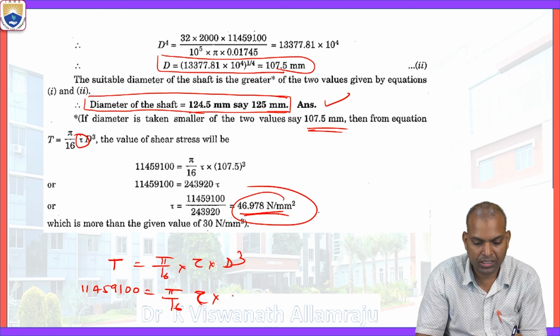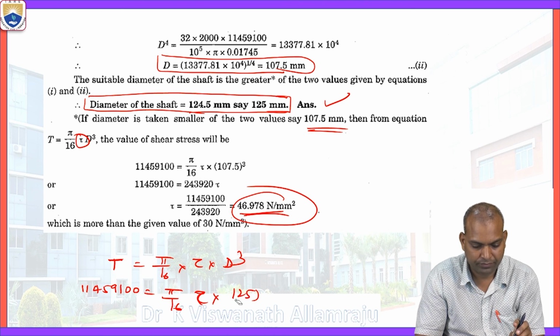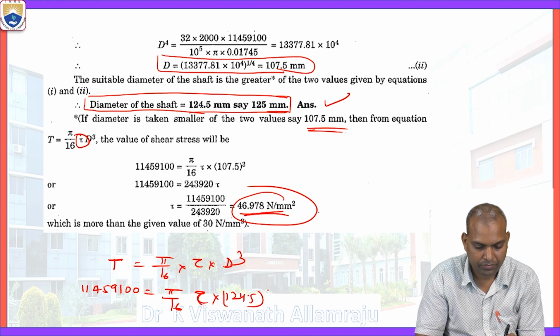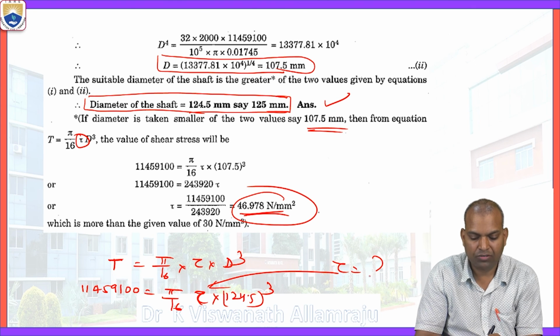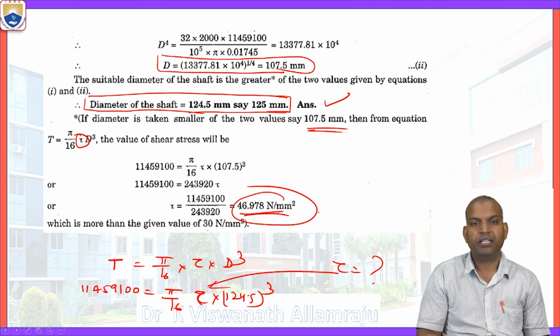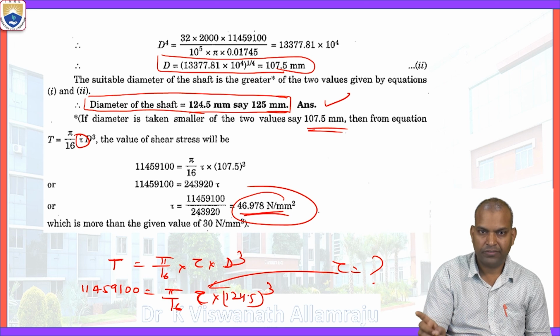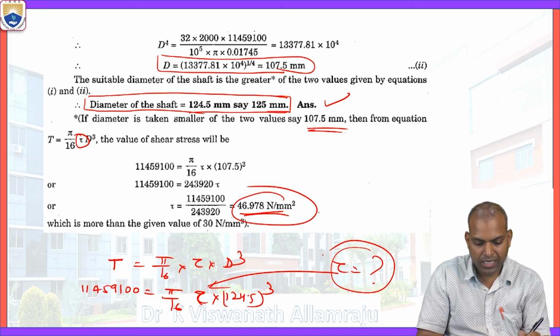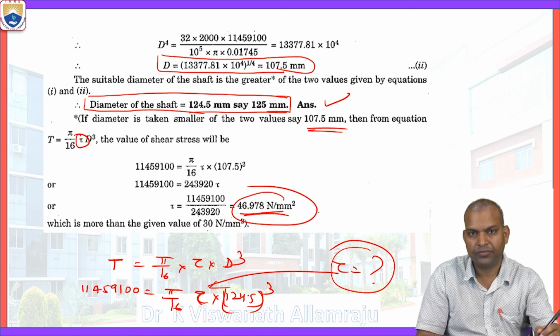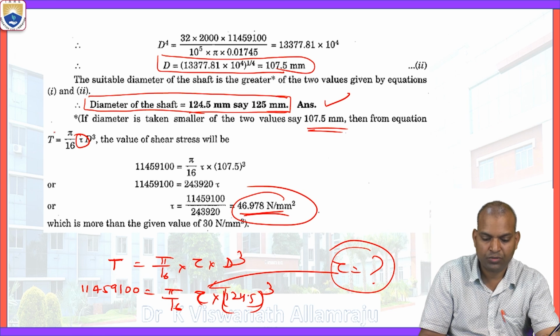What is the D value here? The D value we consider as 124.5. Now the shear stress, if you calculate this value, will definitely reach the given value, that is 13 Newton per square millimeter. So that's why the diameter of the shaft is considered as the larger of the two values, that is 124.5 millimeters.